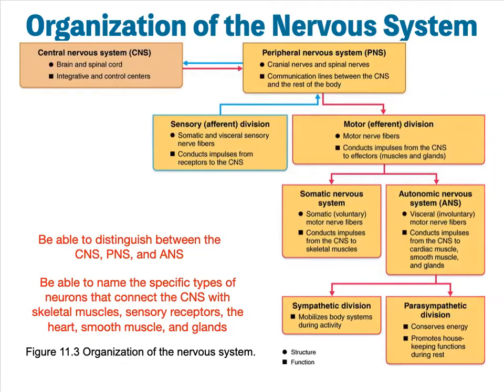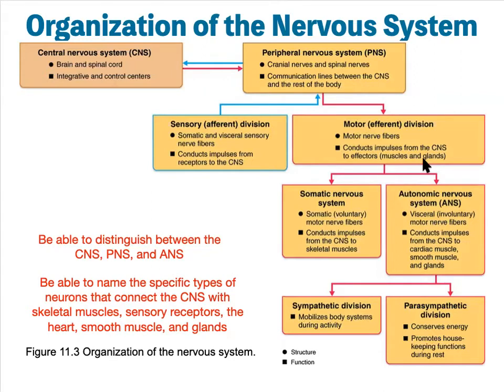Okay, now the motor division or efferent division of the peripheral nervous system transmits impulses from the CNS to effector organs like muscles and glands. And these impulses activate muscles to contract and also activate the glands to secrete.